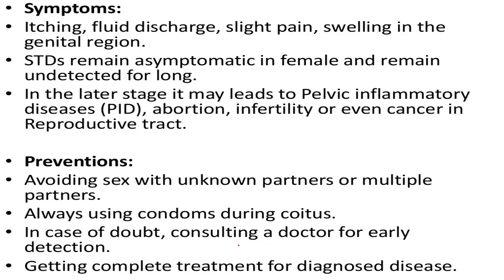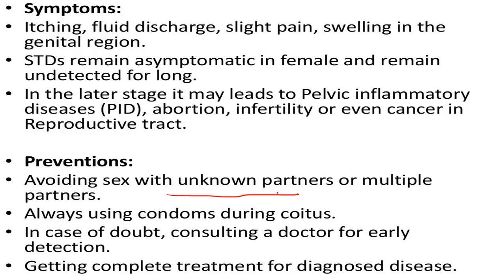How can you prevent sexually transmitted diseases? By using condoms, that is barrier methods. Then avoiding sex with unknown partners or multiple partners. In case of doubt, you can consult a doctor and get complete treatment. There are treatments, but there is no treatment for the HIV virus, that is AIDS.